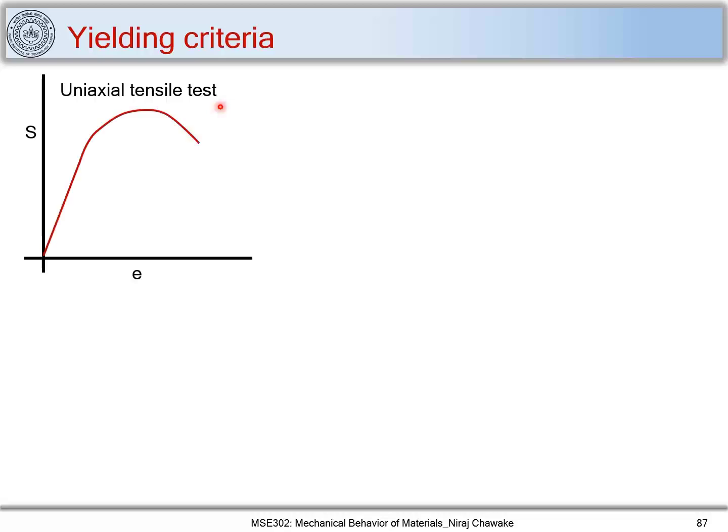So the first thing which comes to our mind is the yield stress, which determines a transition from an elastic to plastic region. We have seen this in a uniaxial tensile test when we looked at an engineering stress versus engineering strain curve.